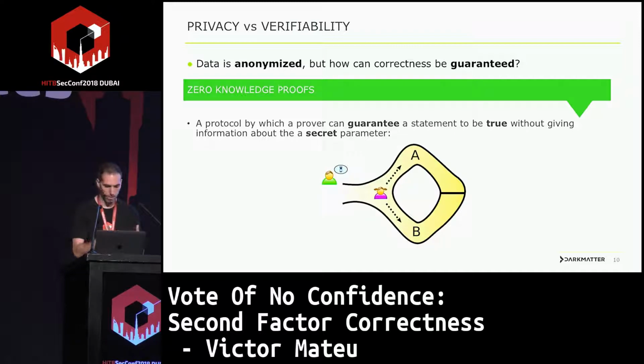To show a small example that you can find in Wikipedia, but it's very helpful for this case, imagine that you have Alice and Bob. Alice wants to prove to Bob that she knows a path inside the cave that connects A to B, but she doesn't want to show Bob which is this path. She just wants Bob to know that this path exists without showing the path.